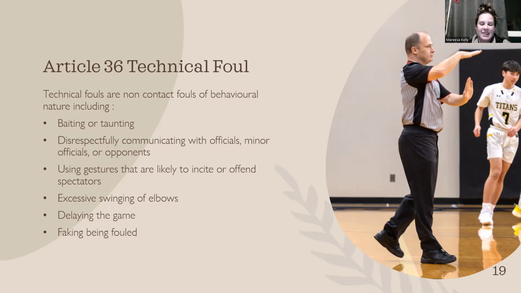Comments that undermine the integrity of the official, profanity use, demonstrative acts in resentment to a call or a non-call, continuous or continual complaining and criticism directed at officials, and excessive inquiry. That all, I feel, falls under disrespectfully communicating with officials, but gives you a little bit better idea of exactly what it is you're looking for when you're talking about technical fouls.